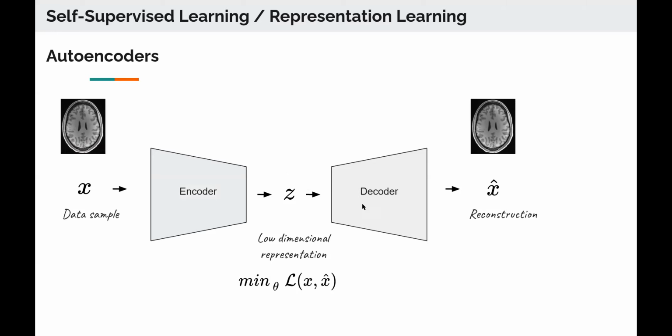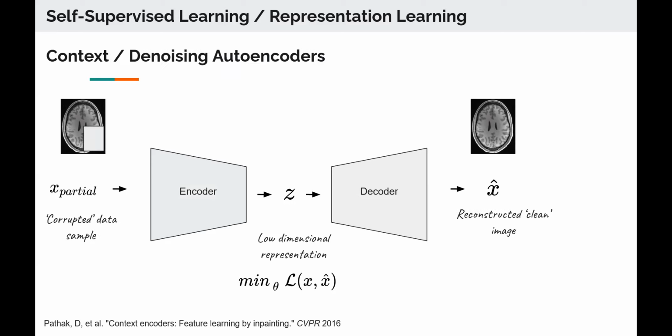Okay. So this then becomes like a low dimensional representation of the image, and therefore we call this representation learning. We are learning a new representation of this pixel-based representation. Yeah. So this is what autoencoders do.